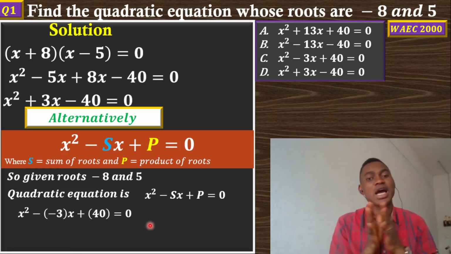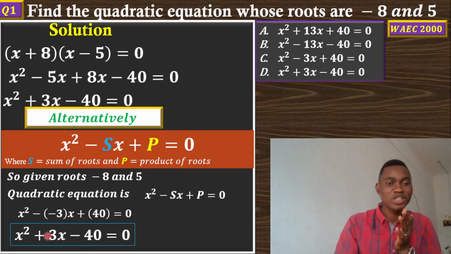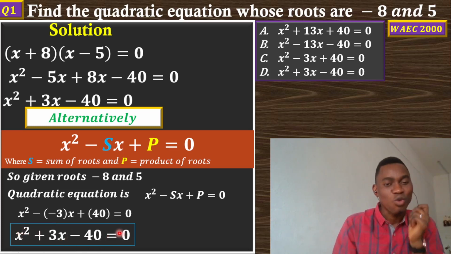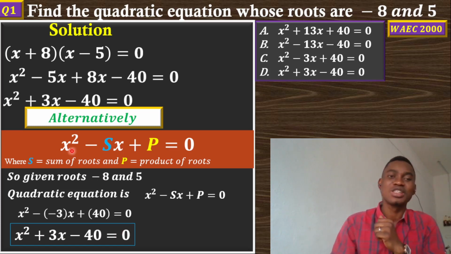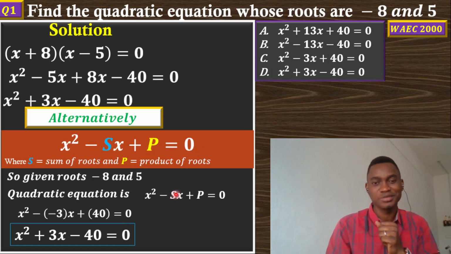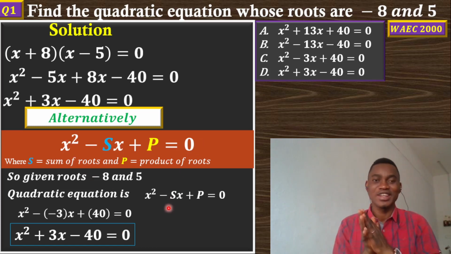Substitute for s and p in the formula and we are good to go. So x squared plus 3x minus 40 equal to 0 is the quadratic equation. Using this formula, x squared minus sx plus p equal to 0, you can pause this video and write it down. It is very, very handy.